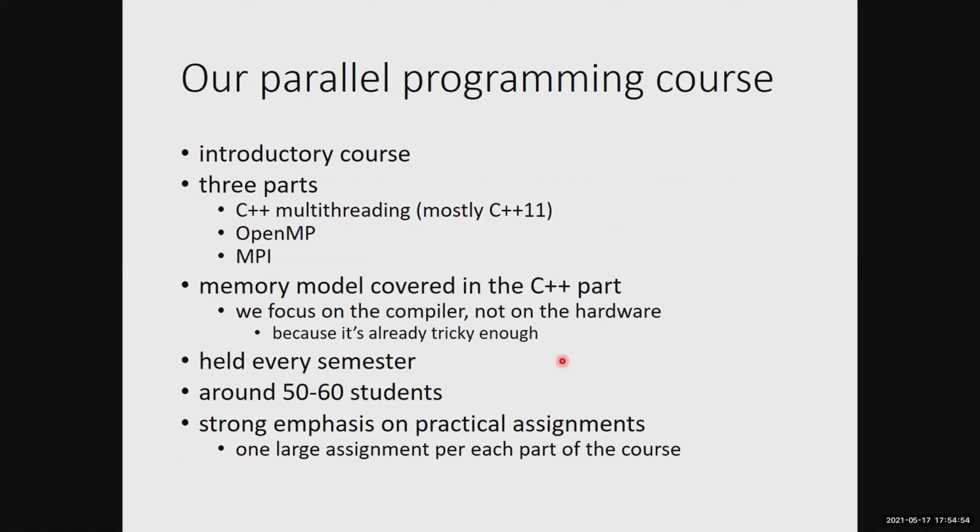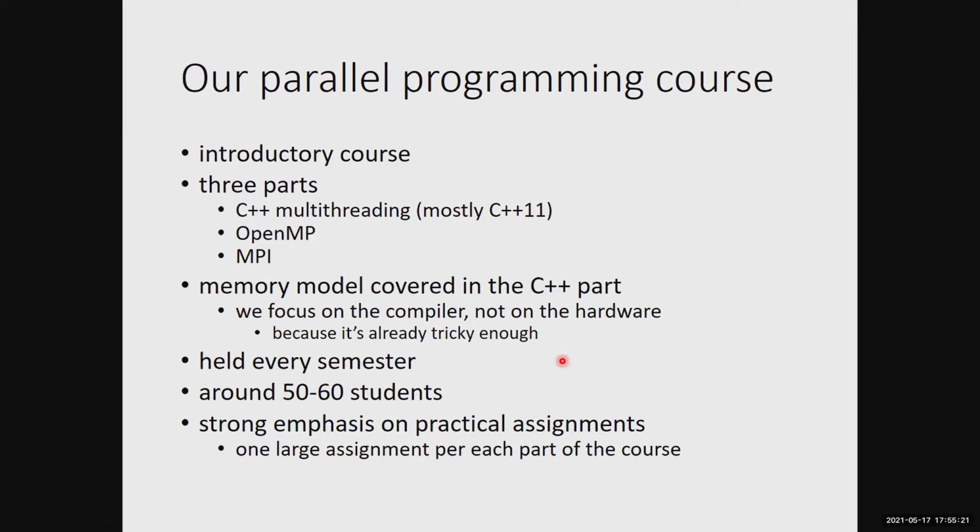So as I mentioned, I teach this stuff. We have a parallel programming course, which is an introductory course. These are bachelor students in roughly the 3rd semester, but it could also be earlier or later. So this is Introduction to Parallel Programming for students who already had some courses about programming languages, algorithms, data structures, and all this stuff.